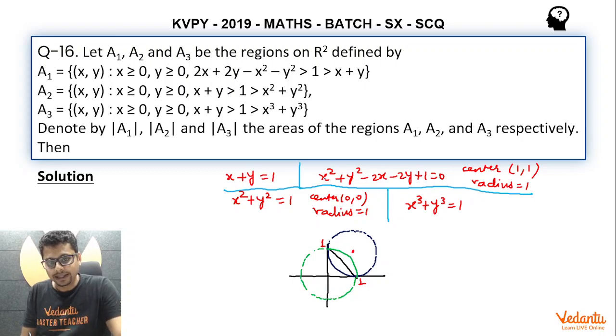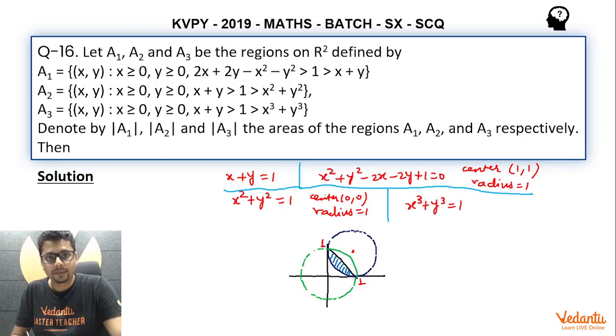That essentially means the region inside the circle. So the region inside the circle, and with respect to this line in the portion containing the origin, this is the region that we are talking about, whose area would be mod A1.